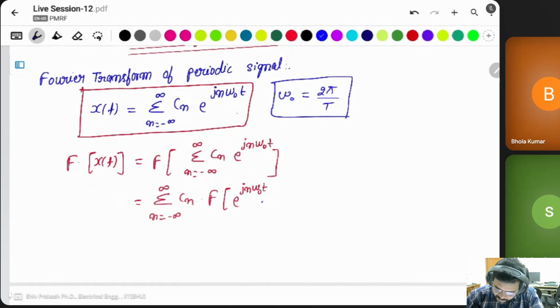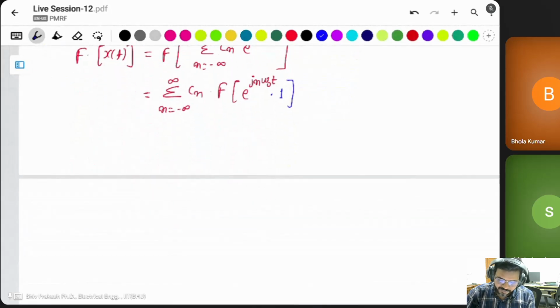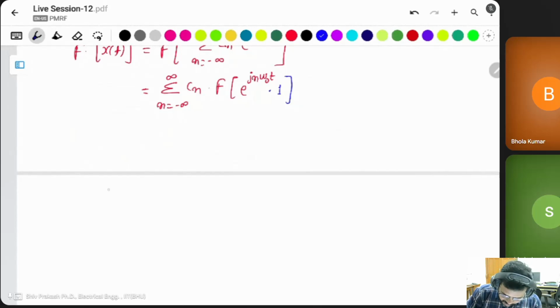Suppose x(t) is equal to 1 and you multiply by e power j n omega naught t, then what is the Fourier transform of that function? Okay, wait, I will explain. What is the Fourier transform of x(t)? Suppose there is an x(t), I have Fourier transform X(omega).